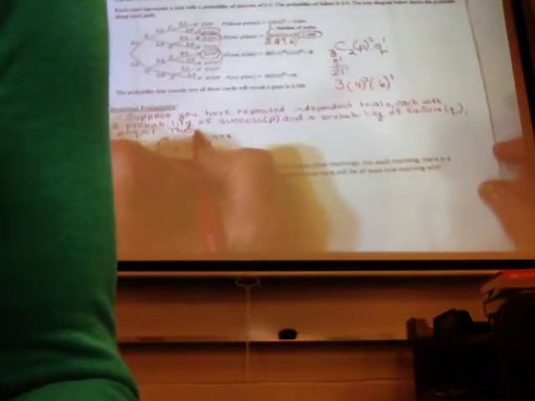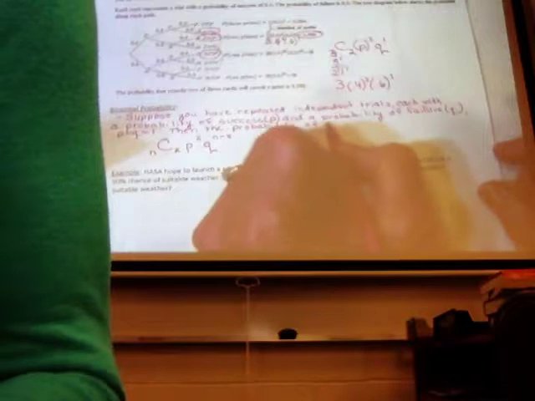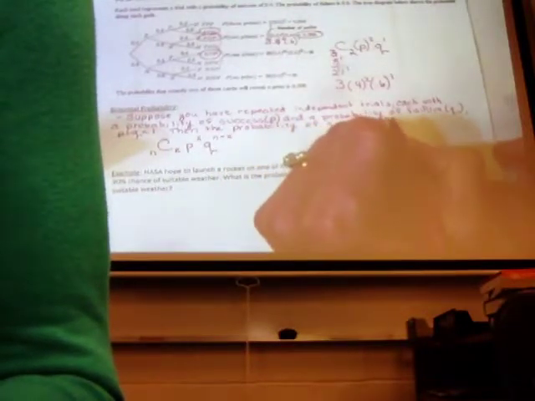Then what this whole thing stands for is the probability of X successes in N trials.